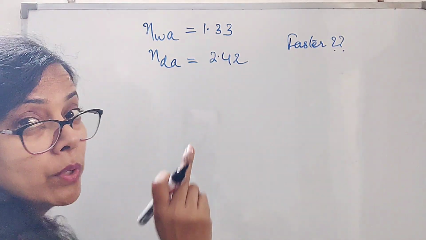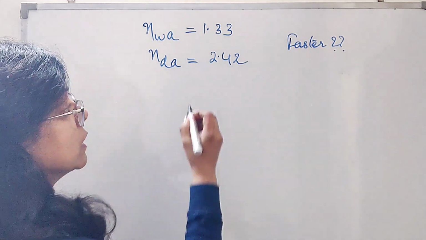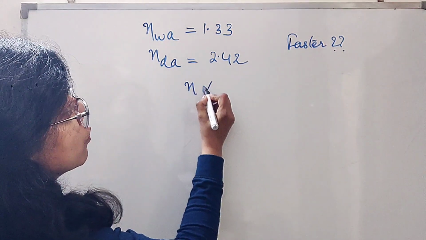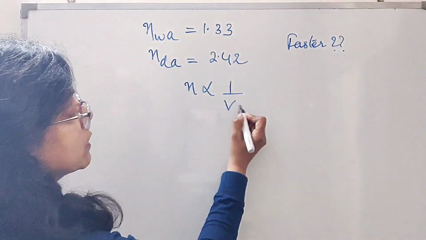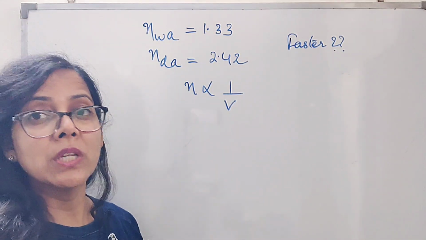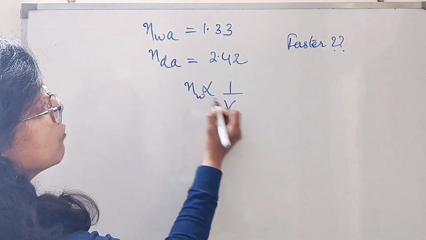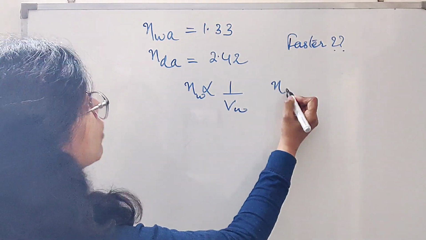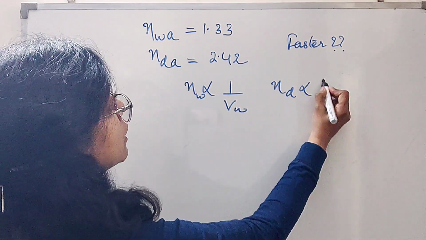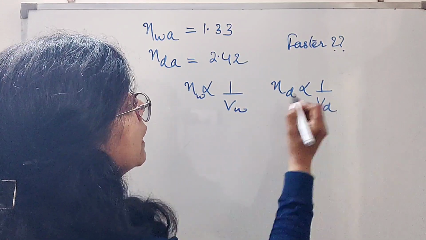Just now in question number 1, we have seen that refractive index is inversely proportional to the velocity in the medium, in whichever medium they are talking about. Like if they are talking about water, then water, and if they are talking about diamond, then diamond.